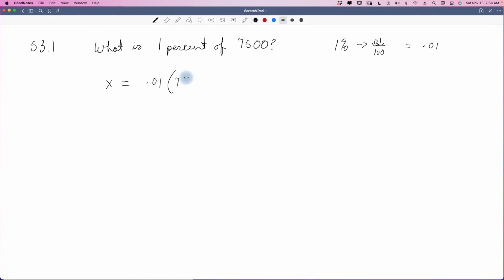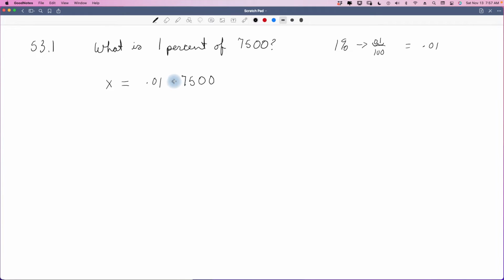So we'll put that in parentheses to show our multiplication, because parentheses means multiplication. And if that doesn't make sense to you, you can write it like this with the multiplication symbol, times 7,500. That means the same thing as the parentheses.